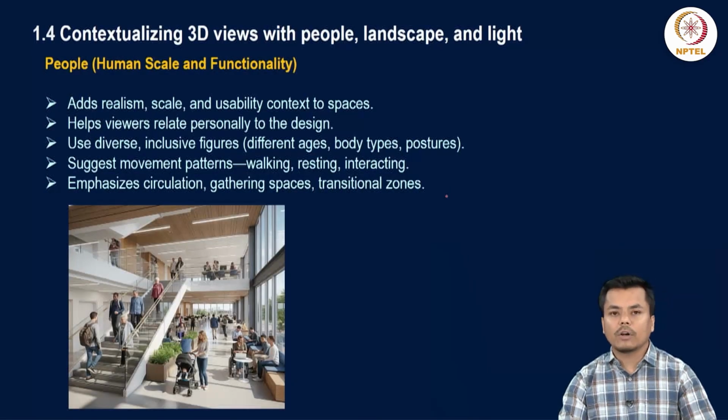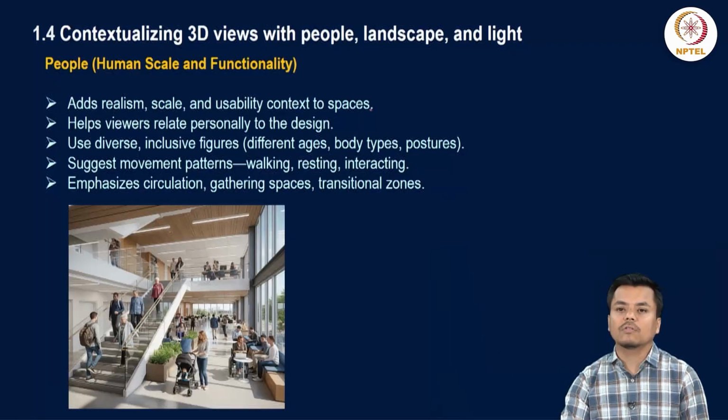Then to add context to your 3D views, it is always suggested that you should incorporate people, landscape and light elements into your render. That is why these things are necessary, because they add realism and give a scale to the structure. Visualize an image where no natural light is allowed to enter and there are no humans or vegetation, just the structure.